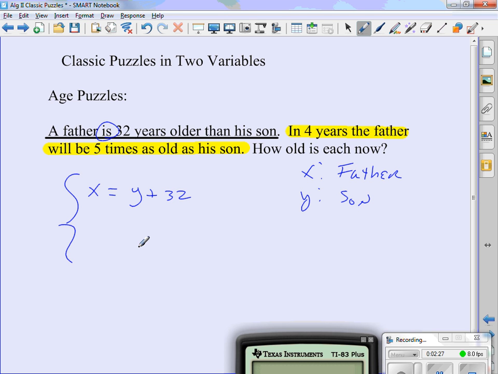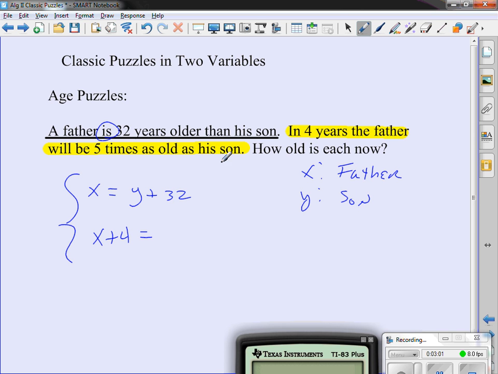Father's not 36. How is the father's age changing? Going up by 4. So what's the father's age? Father's age is x. So x plus 4 will be is the same thing as is. That's just the future tense.